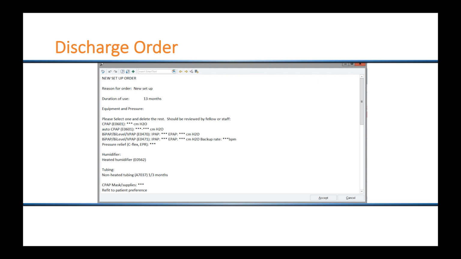This is what you'll get. Notice the 4 modes of PAP therapy: CPAP, auto CPAP, BiPAP, and BiPAP ST. Input the settings for the mode that you'll be discharging the patient on, and delete the other 3. In regards to pressure relief, I often use 3, but if you're unsure, you can delete that. For CPAP mask and supplies, place per patient preference.